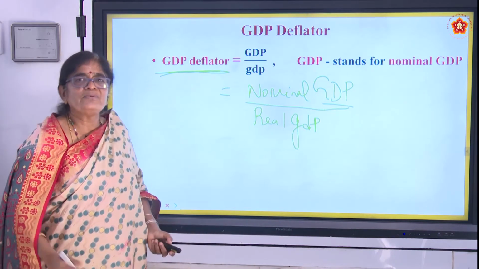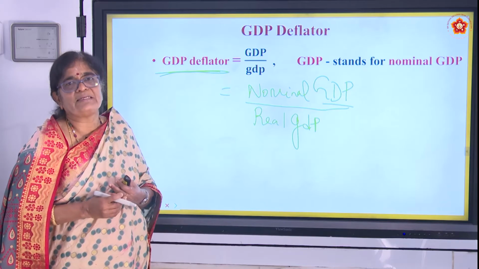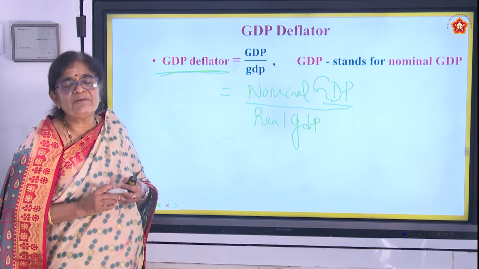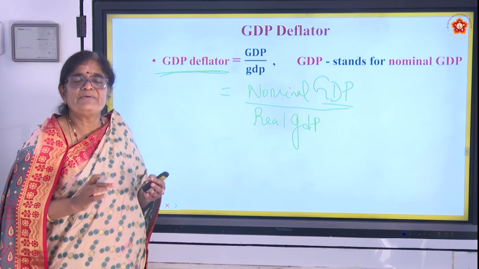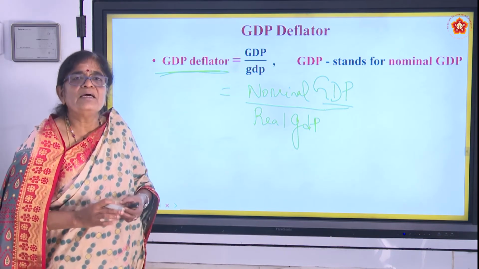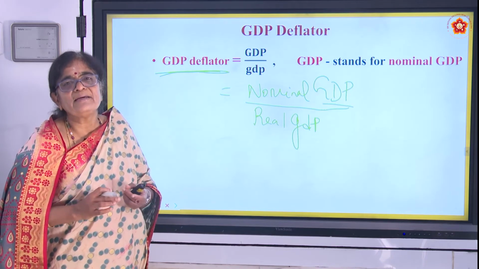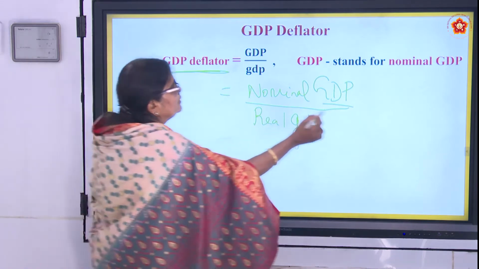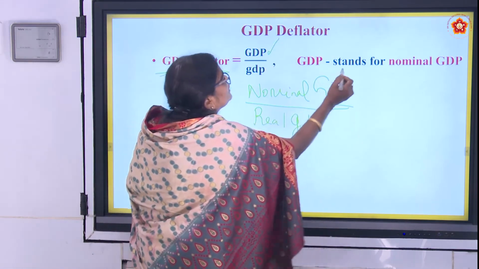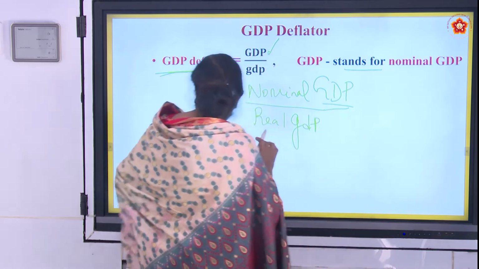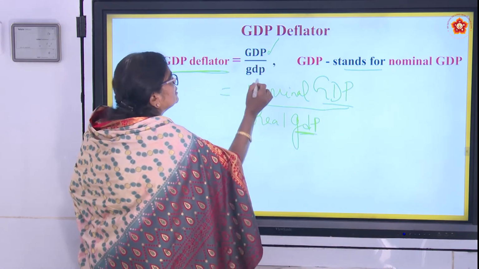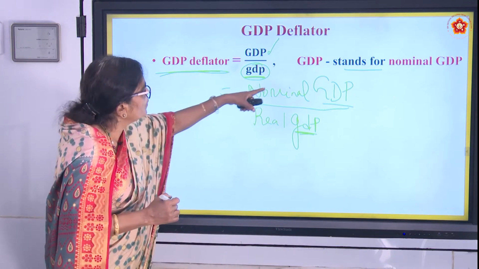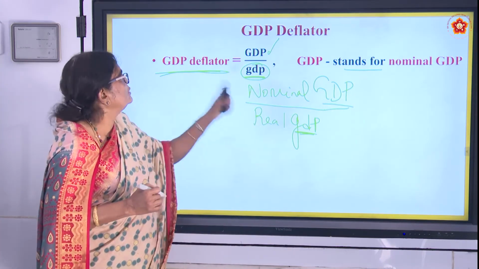From the exam point of view, they will ask you to explain what you mean by GDP deflator. You have to explain that GDP deflator is the ratio between nominal GDP and real GDP. Nominal GDP is noted by capital GDP, and real GDP is indicated by small GDP. Therefore, nominal over real, that ratio is the GDP deflator.